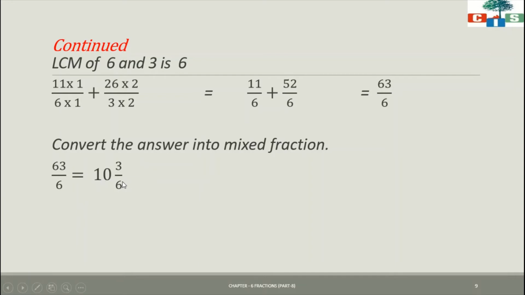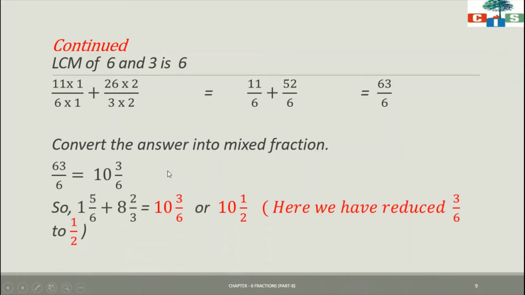Here 3 upon 6 can be reduced further because both 3 and 6 are divisible by 3. When we divide both by 3, we get 1 upon 2. So the final answer for 1 5 upon 6 plus 8 2 upon 3 is 10 3 upon 6, or you can write it like this: 10 1 upon 2. Here we have reduced 3 upon 6 to 1 upon 2.